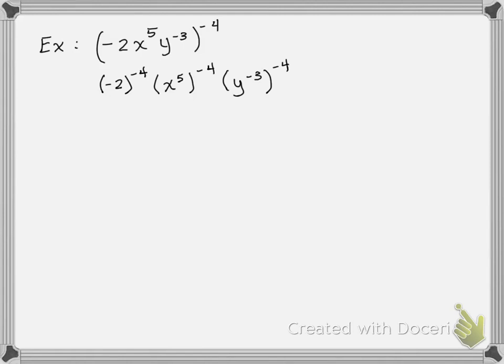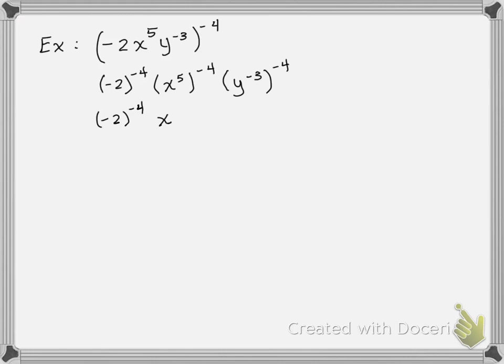So negative 2 to the negative 4th. Actually, let's simplify a little bit more from here before we do that. Leave that guy alone. x to the 5th to the negative 4th, that is x raised to what power? What do we do with the exponents when we raise an exponential expression to another exponent?